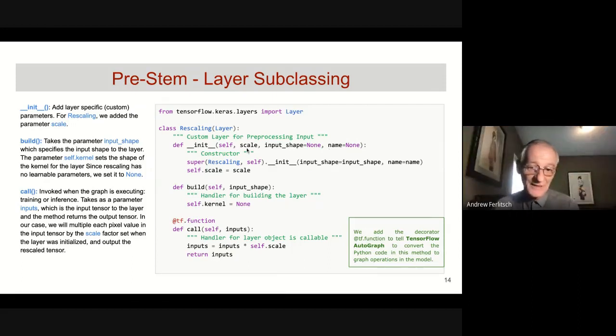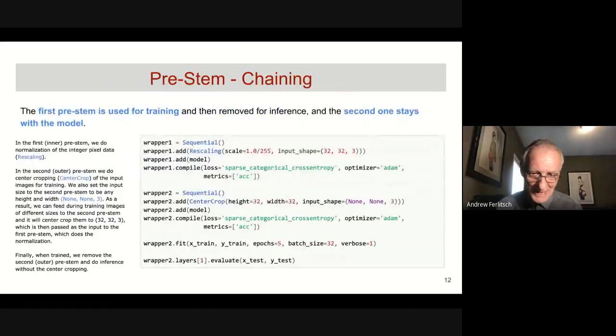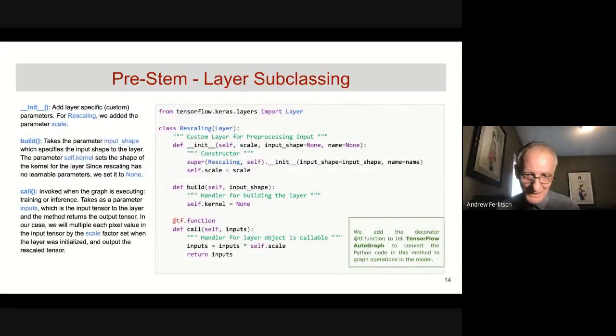Then I'm going to add a positional parameter. This is my custom parameter. I'm going to call it scale, and that's where you're going to pass in that number. Let's go back to an example that actually has it. See how scale is right here? So that's how I implemented that parameter. Presumably I'm then going to save the value of that scale.